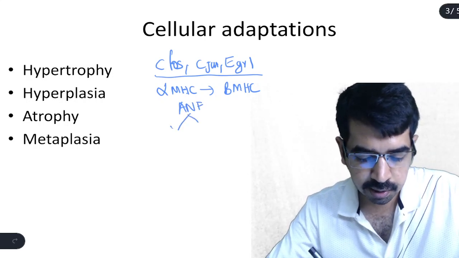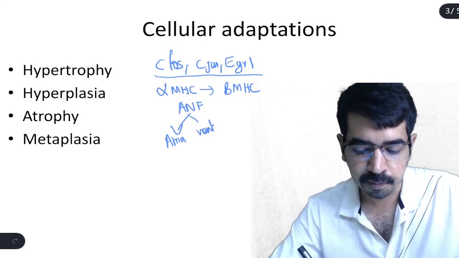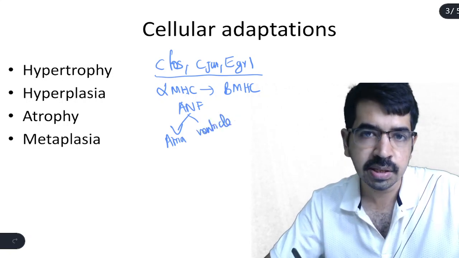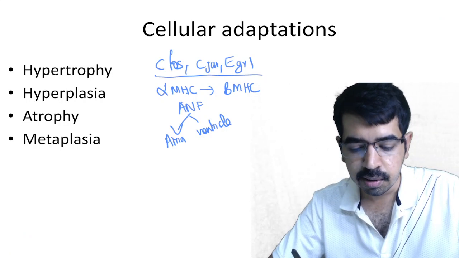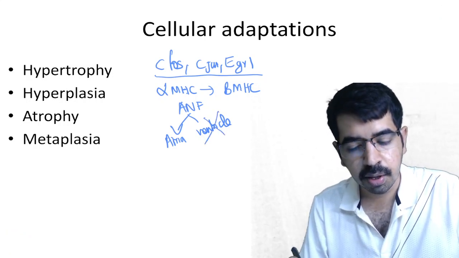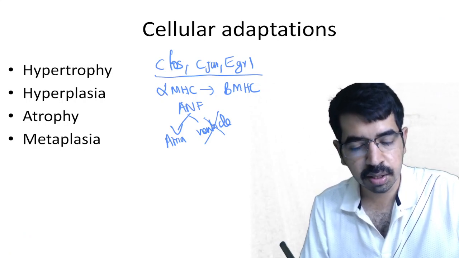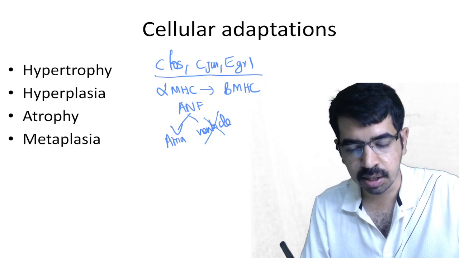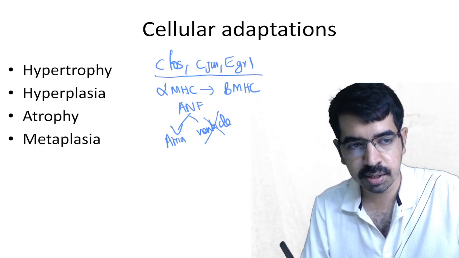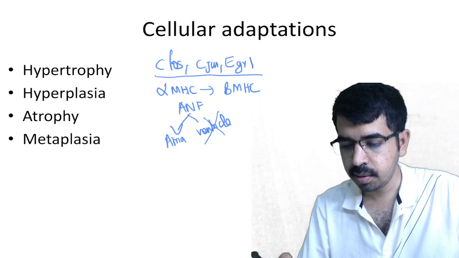This is expressed in atria and ventricle in the embryonal heart. But in the adult heart, the ventricular expression is lost. During cardiac hypertrophy, the ventricular expression can be restored. Atrial natriuretic factor causes salt excretion and diuresis, so that decreases the fluid overload. That is about hypertrophy.